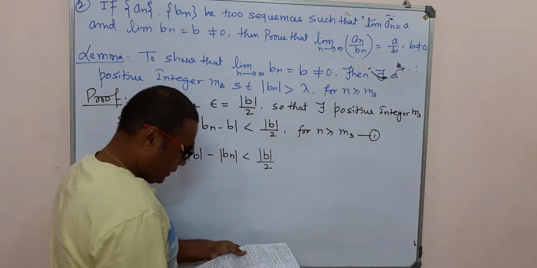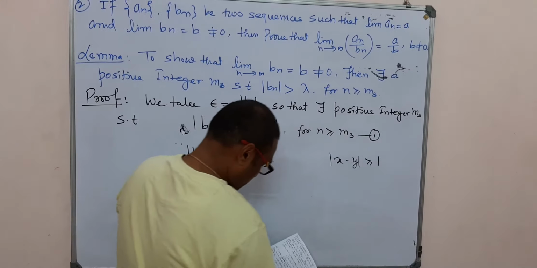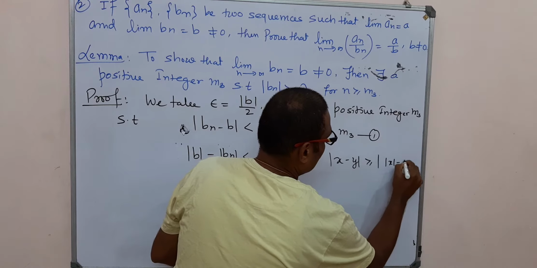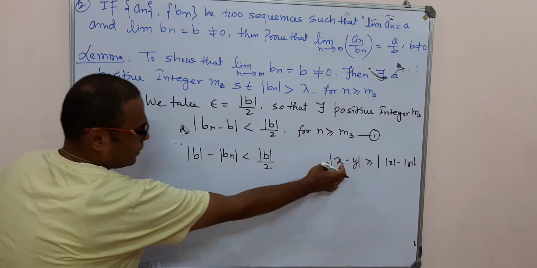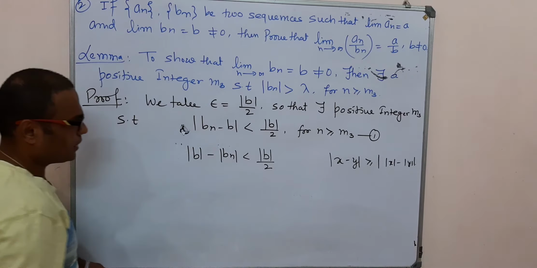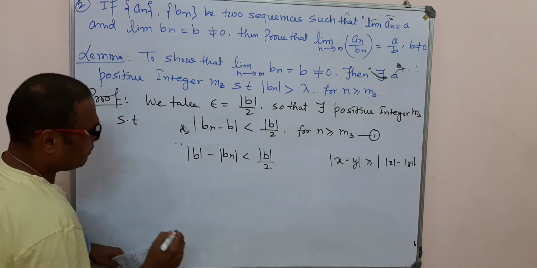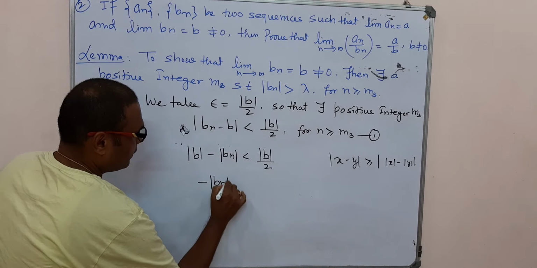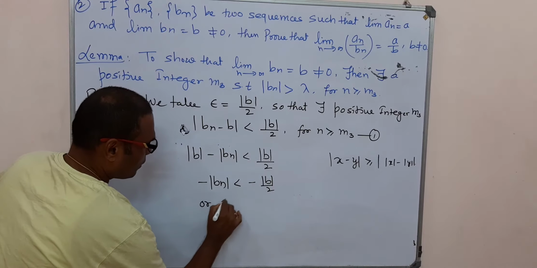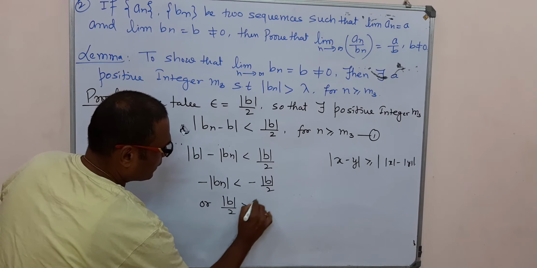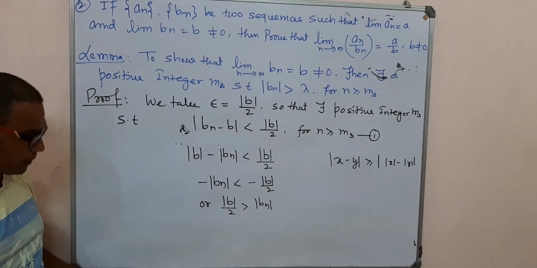We know that the mod of x minus y is greater than or equal to the mod of x minus mod of y. Using this inequality, after simplification we have minus b_n is less than minus mod b by 2, or mod b by 2 is greater than mod b_n, here this relation.